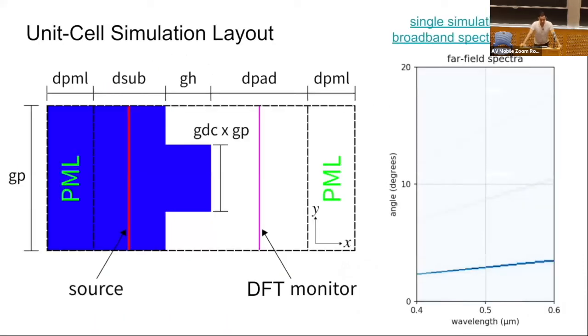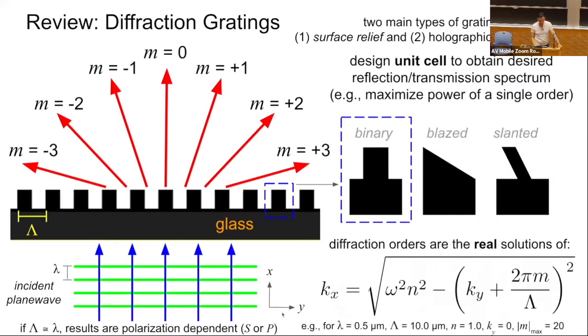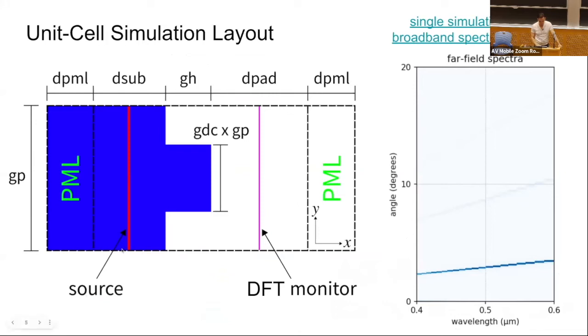Okay, now let's switch to the actual computational details of how you design these structures. Okay, so here is a unit cell layout that we'll be looking at shortly in the code. It's very similar to what I've shown you in this slide. We have the grating itself, which has some height, okay? The period of the unit cell is shown in the y direction.